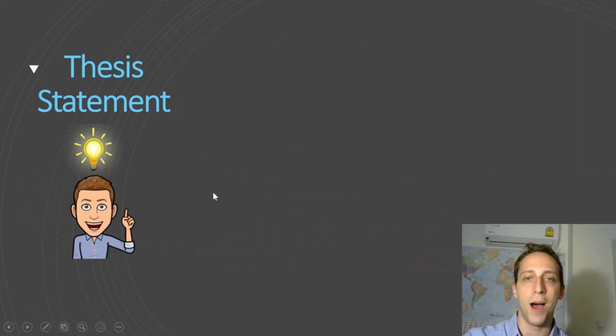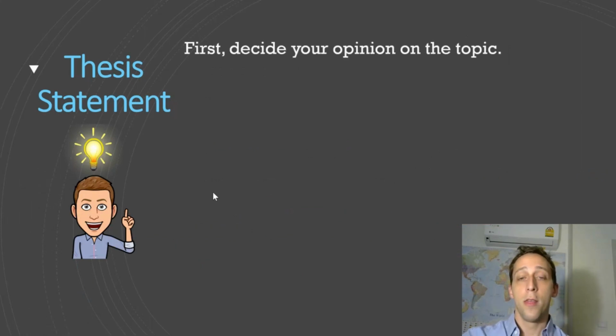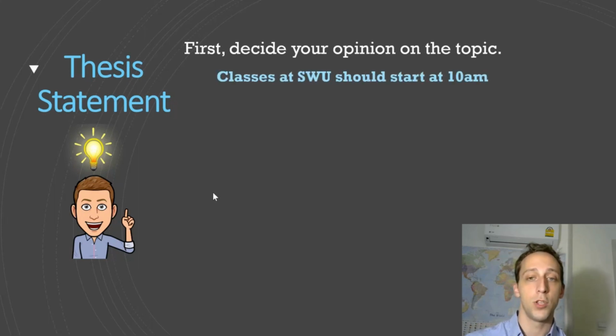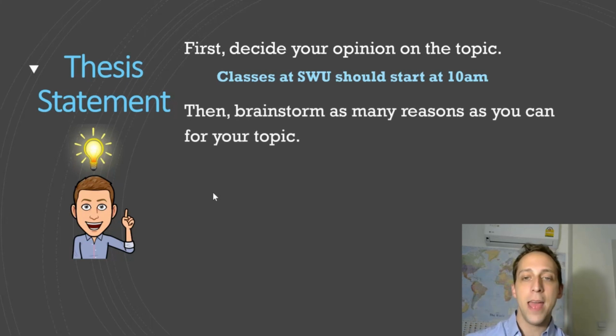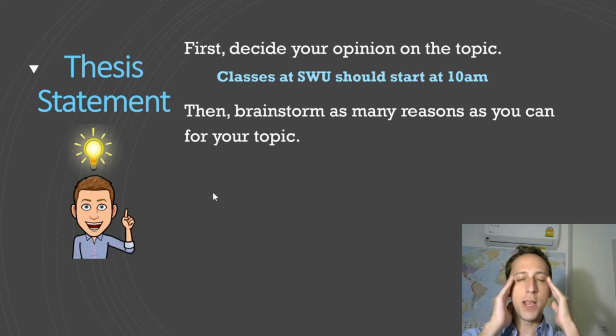So how do you go about writing a thesis statement? The first thing you need to do is decide your opinion on the topic. Sometimes it will be given to you, sometimes you will get to choose, but you need to clearly decide and write what that will be. Mine is that classes at SWU should start at 10 a.m. Then you want to brainstorm and think of as many reasons as you can to support this topic.